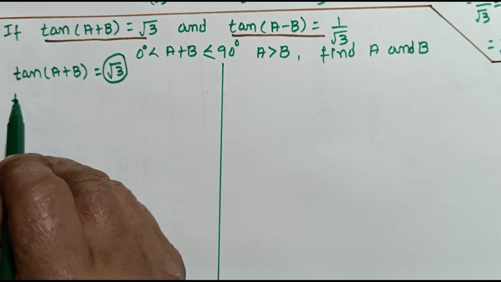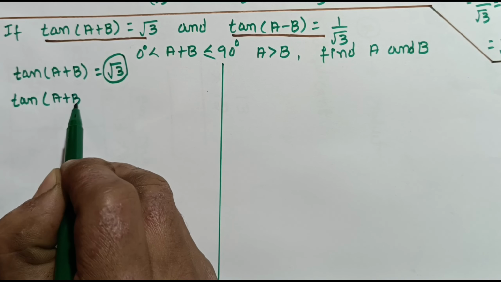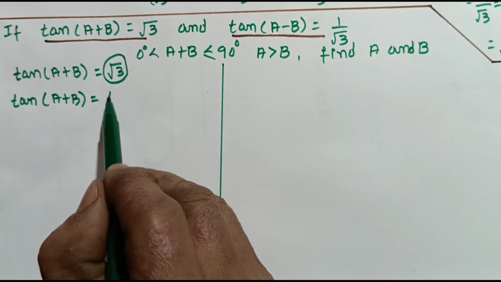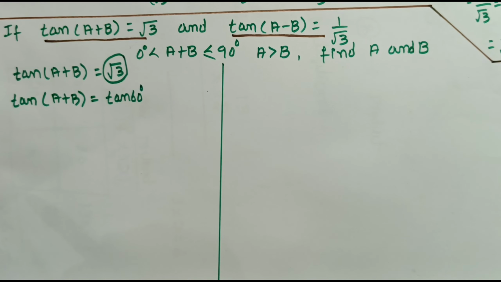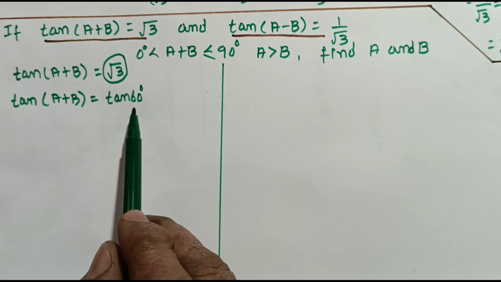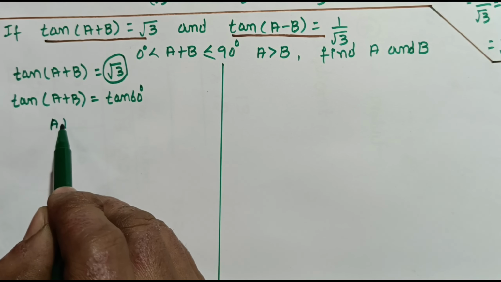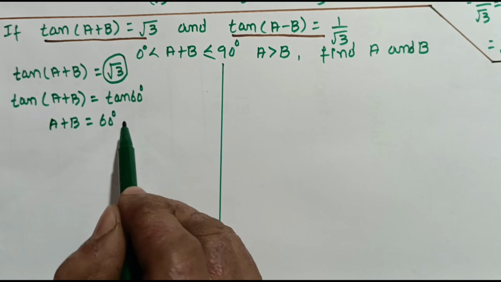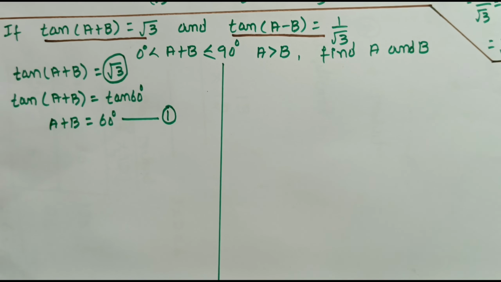Tan(a + b) equals root 3, which is equal to tan of 60 degree from the trigonometric table. Now on both sides, the LHS as well as the RHS of the equation, there is a tan. Hence a + b equals 60 degree.